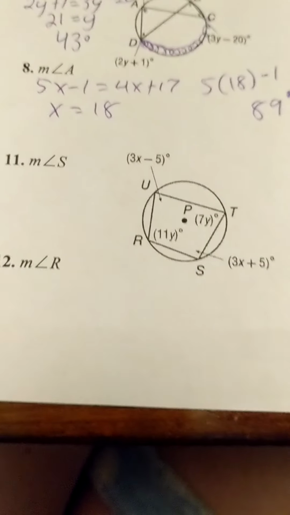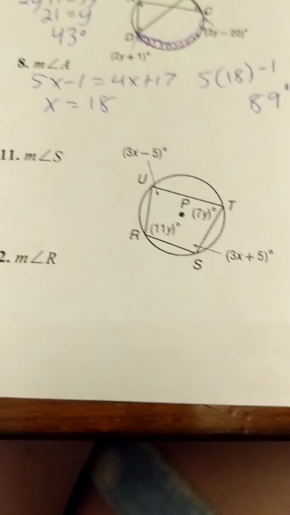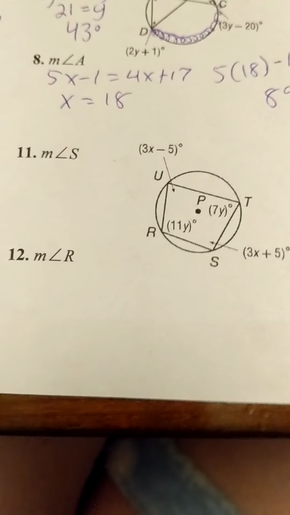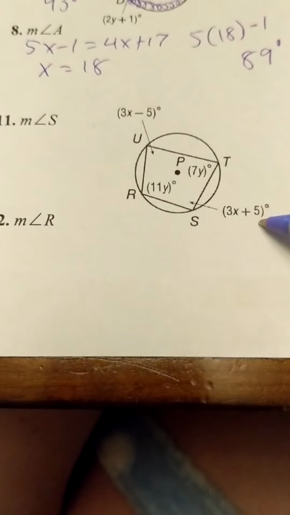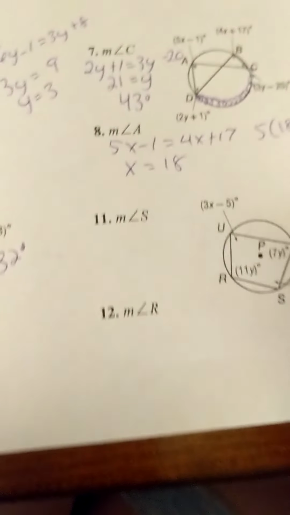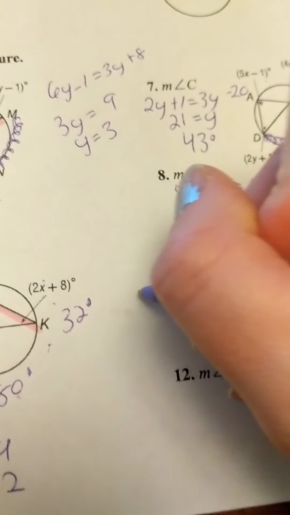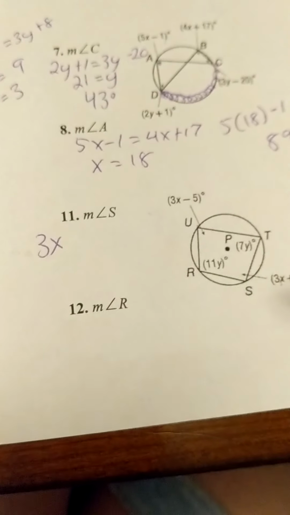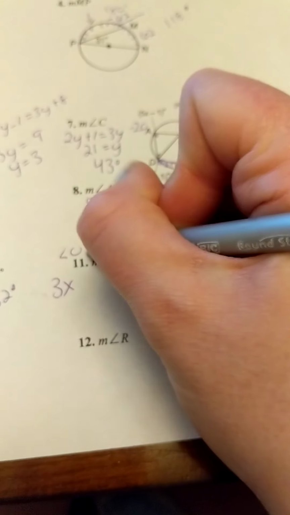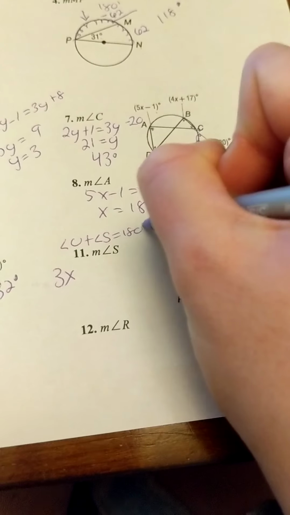And our last one over here, we recall from our notes that opposite angles in a quadrilateral are supplementary. So in order to find angle S, I'm going to take my two expressions with x in them because angle U and angle S will be supplementary. Let's write that down. That angle U plus angle S are going to equal 180.